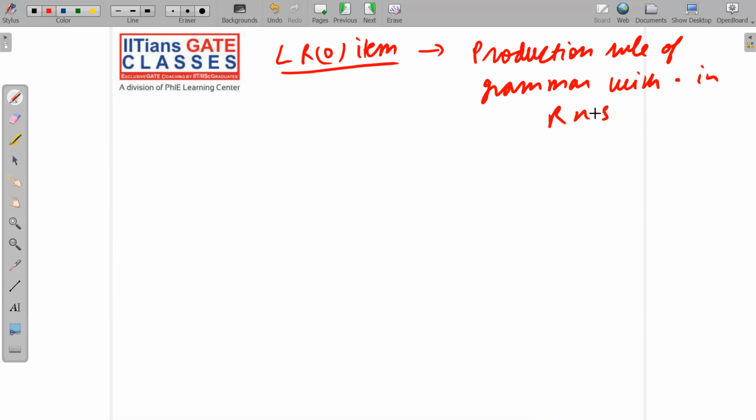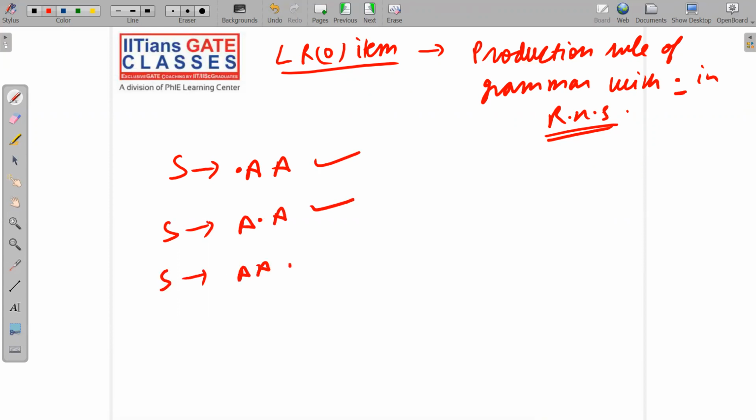For example, I can have a production rule like this: S implies AA. Now this is not an LR0 item because the dot is not present. So I can apply the dot here. This is an LR0 item. This is also an LR0 item. This is also an LR0 item.